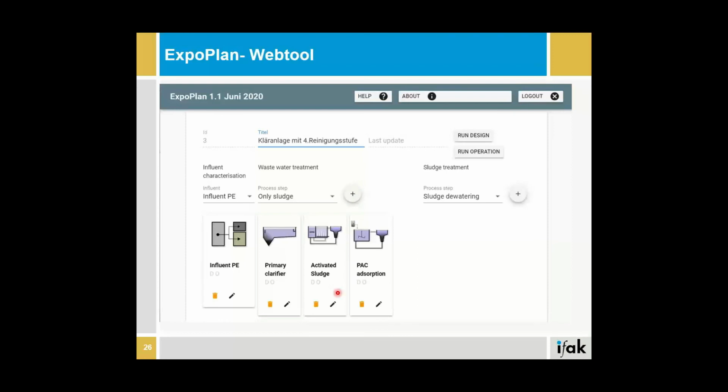In a second part, cost calculations are made for construction, mechanical and electrical engineering, maintenance, materials such as PAC and flocculants, energy consumption, and personnel costs. This tool enables the planning of the fourth treatment step using powdered activated carbon, as well as process optimization.